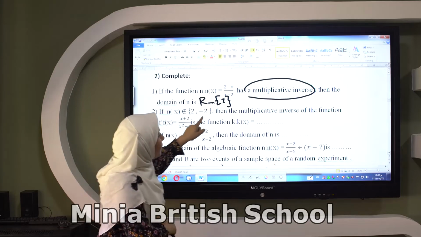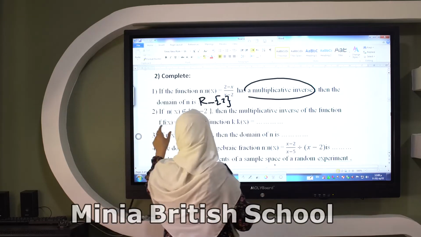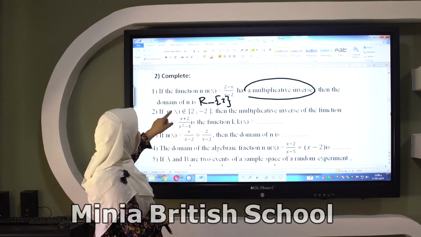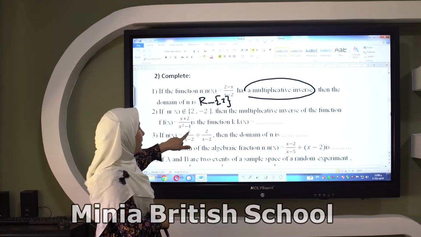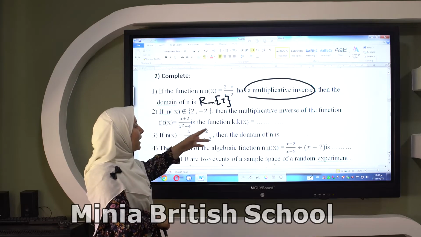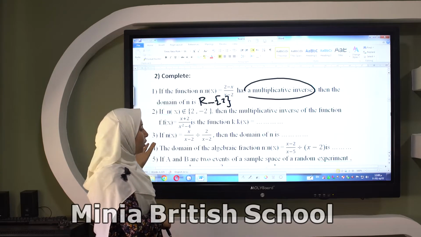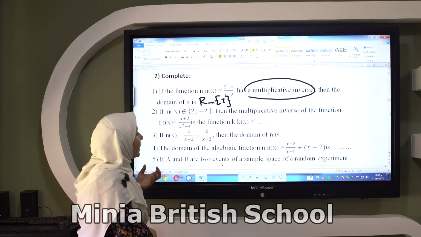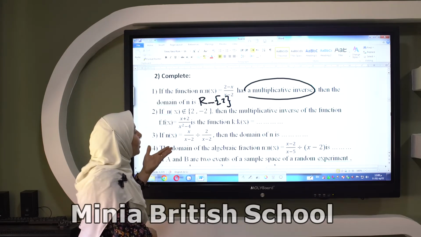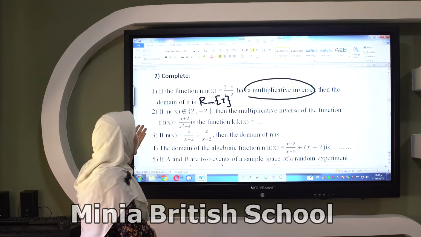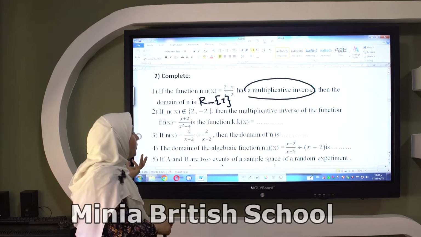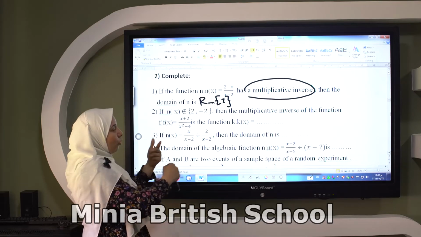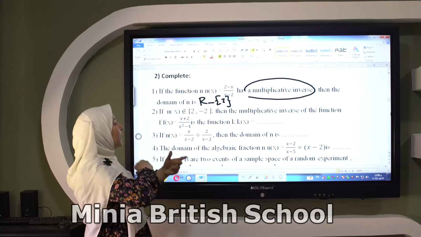Then the multiplicative inverse of the function f, where f(x) = (x + 2)/(x² - 4), is the function k, where k(x) equals what? Here he needs to find the multiplicative inverse of the function in its simplest form.